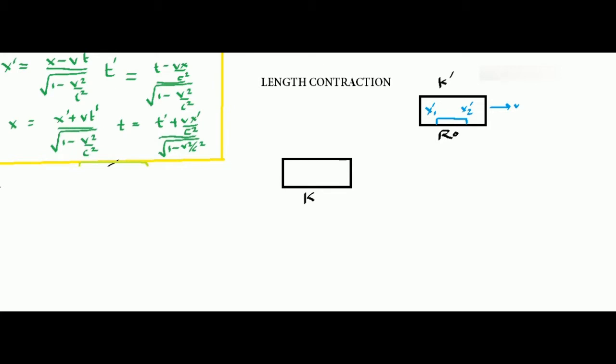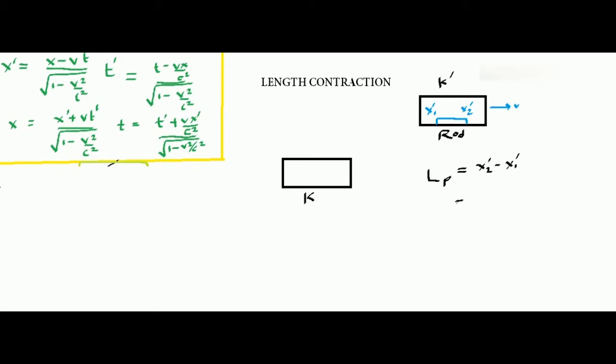Okay, and the length of this rod in the moving frame is the proper length, because a person in the moving frame, when he calculates, will find that the length of the rod is actually x2' minus x1'. Now make the transformation.